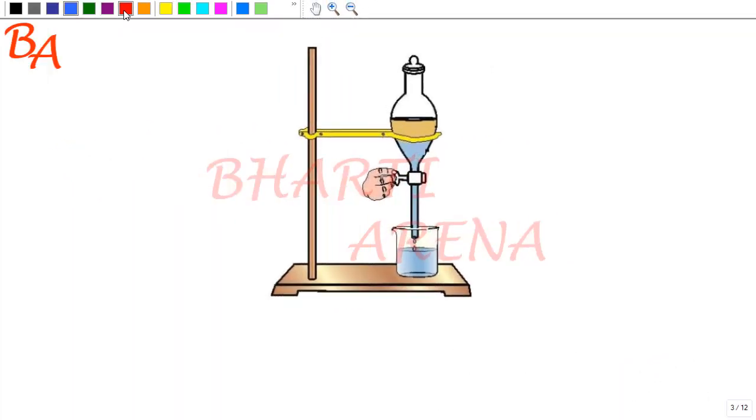First we will see separation by using separating funnel.